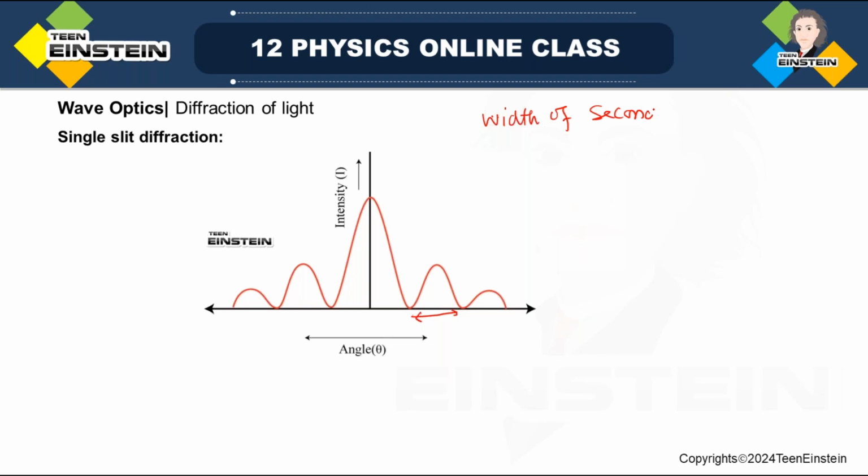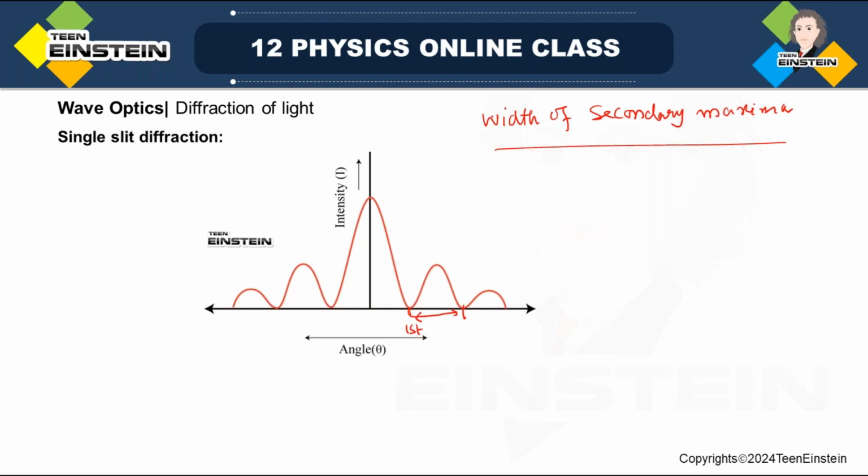Secondary maxima, let us write secondary maxima first. So width of this means, you know, see here, this is the first minima. It is actually secondary first order, or I can actually write any order of that. Okay, any order. See, I just want to show you with the first bright or first secondary maxima.